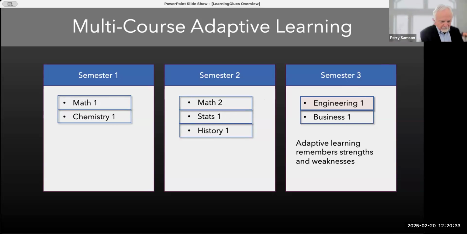The idea is we have a student model where we follow the student through their semesters at the institution. And as we do that, when students ask questions, we can look in all the courses that they've been in and help remind them of some of this material.